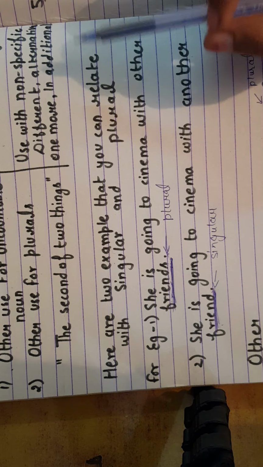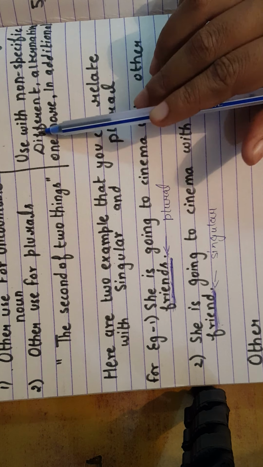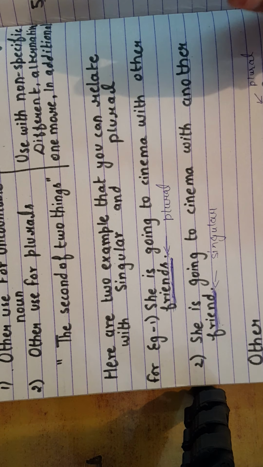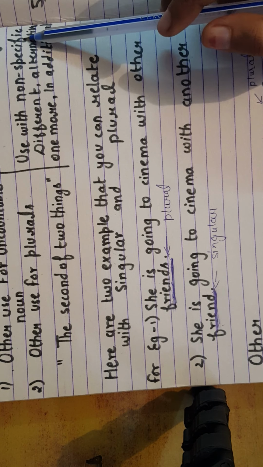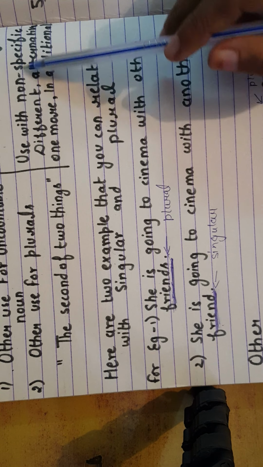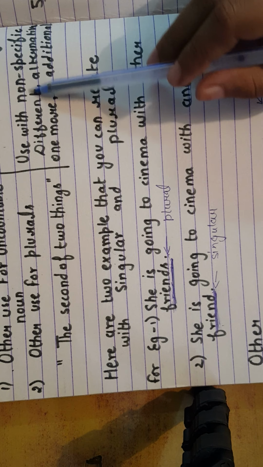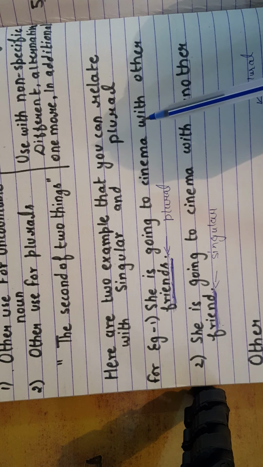So when things are not specific, when you want to buy any kind of bag, there is not any bag that is specific and you want to buy only that bag, then you can use another.